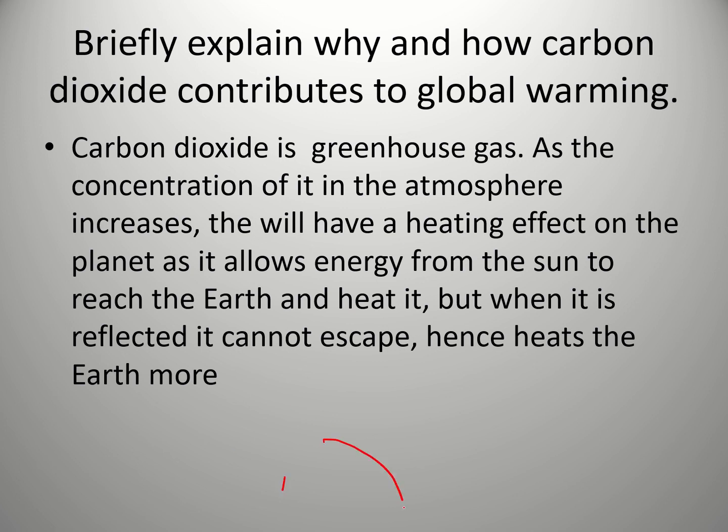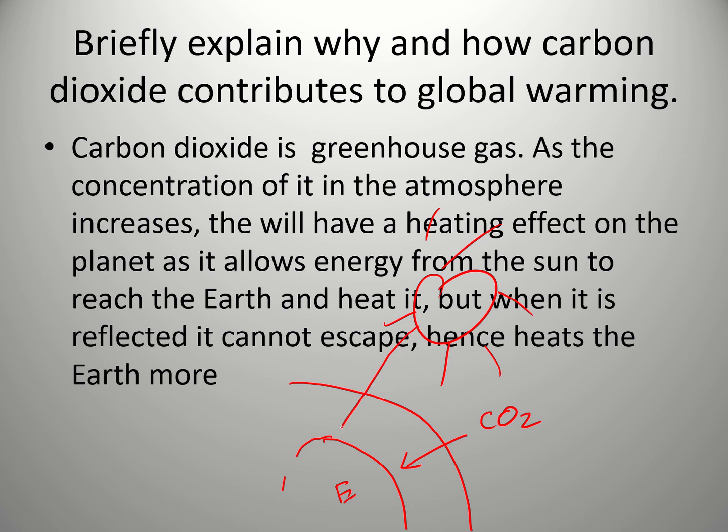So if that is the Earth there, and this is the atmosphere around it, with increasing amounts of carbon dioxide, and there's my sun, excuse my artwork. Energy comes in from the sun and bounces off the Earth. Some of it's absorbed by plants and buildings, etc., but some of it bounces off, and generally a lot of that would just go back out into space again.